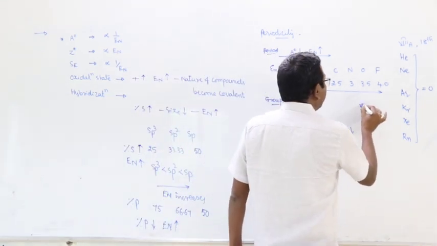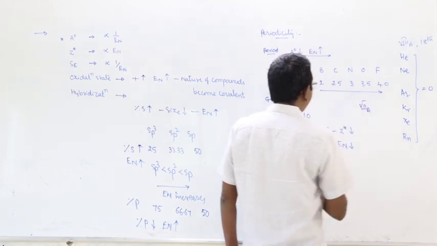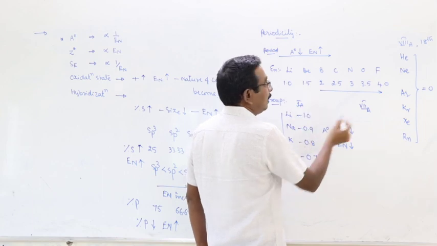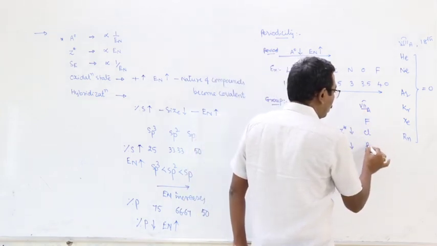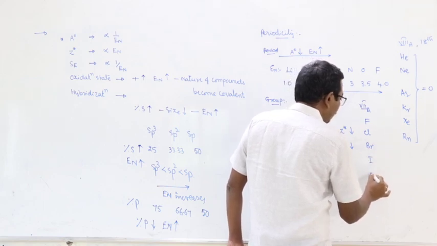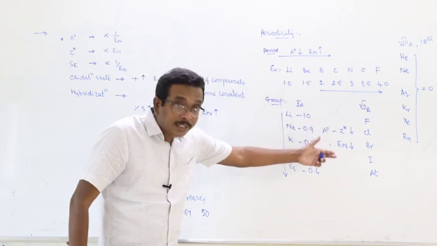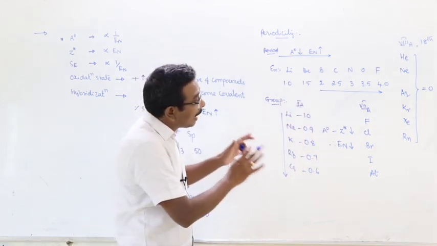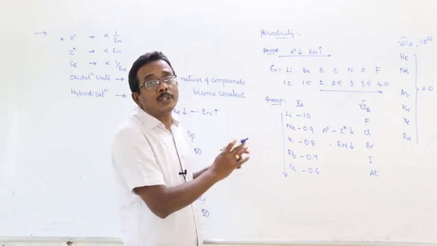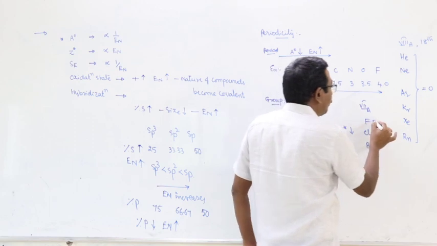What is that? 7th A group. This is first A. This is 7th A. Fluorine, chlorine, bromine, iodine, astatine. They are electronegative. They are non-metallic in nature. Now we have to compare the electronegativities of elements present in 7th A group.